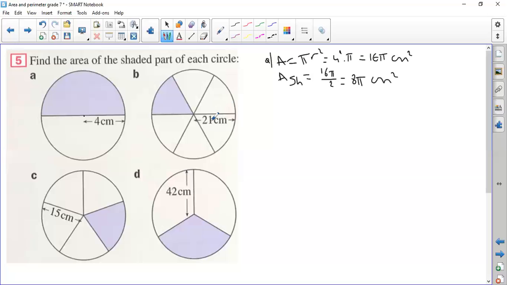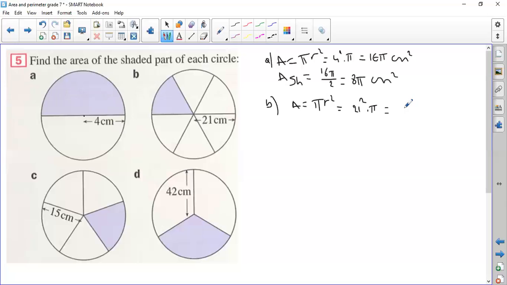At B, the circle is divided into 6 equal parts, and one of them is shaded. With the same logic, we will find the area of the circle. Area of the circle is equal to pi r squared. The radius is given as 21. So the area will be 21 squared times pi. What is 21 squared? 21 squared is 441.